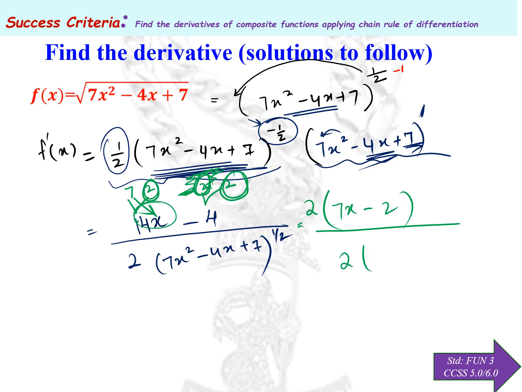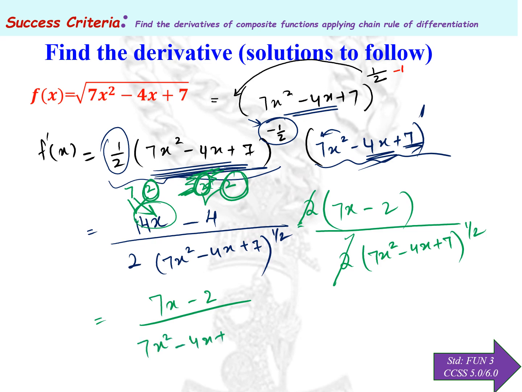Why did I do this? This is an interesting question. What is the benefit of taking the 2 common? This 2 will be cancelled with this 2. And this is your final answer. So either write it as a power of half in the denominator, or convert it into a square root. It's up to you.